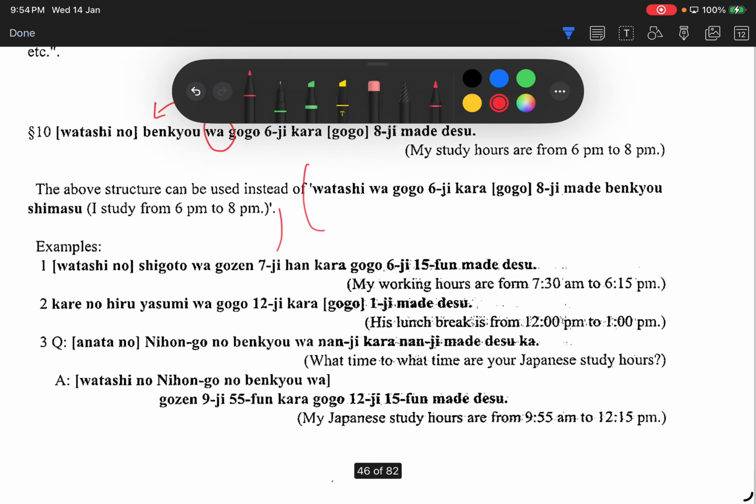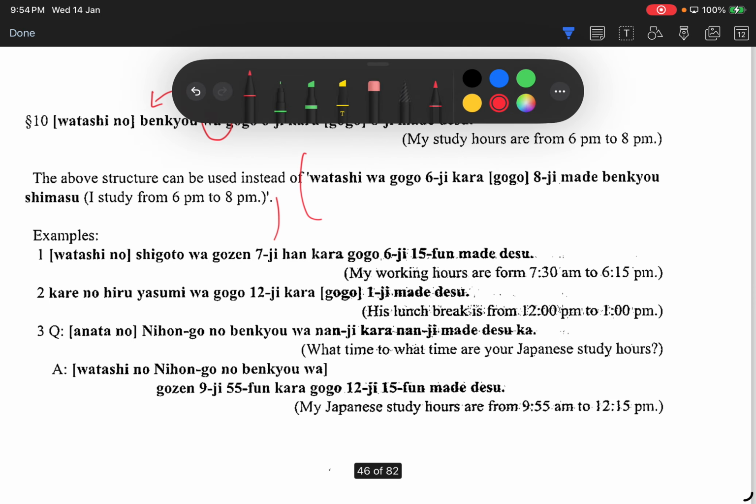Okay, example number 1. 仕事は午前7時半から午後6時15分までです。Right? So 仕事 means work. If you cannot recall. Okay, 仕事 means work. But we don't say 仕事します. There is no such verb called 仕事します. Okay? 仕事 by itself is a noun already. So we can say noun は.